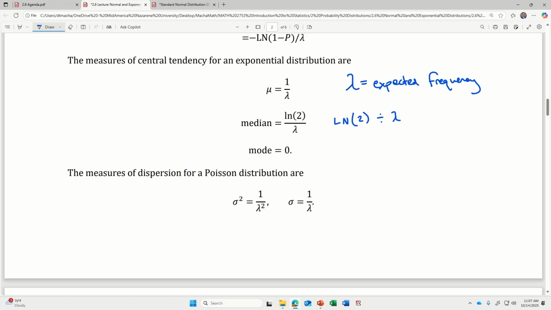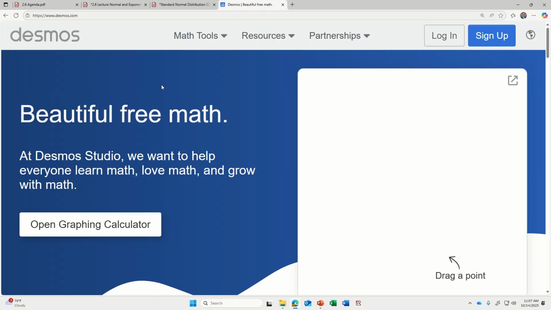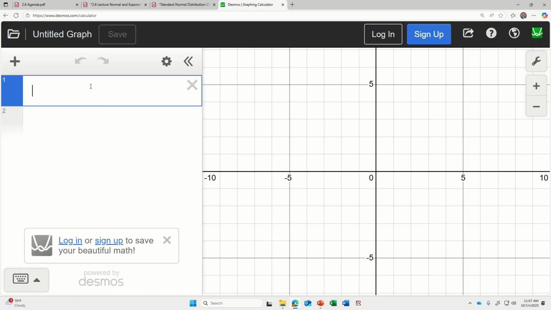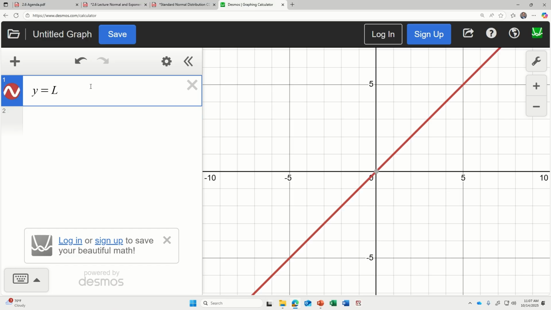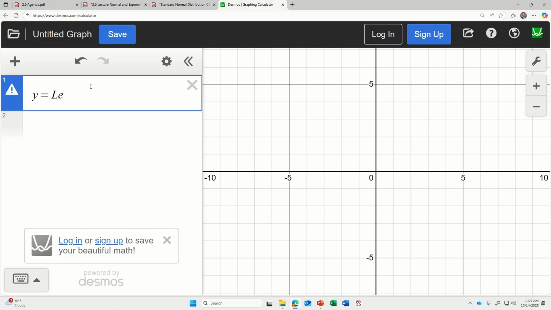The best way to understand that, I think, is to get on Desmos.com and plot what an exponential distribution actually looks like. I'm going to just use capital L for lambda in Desmos.